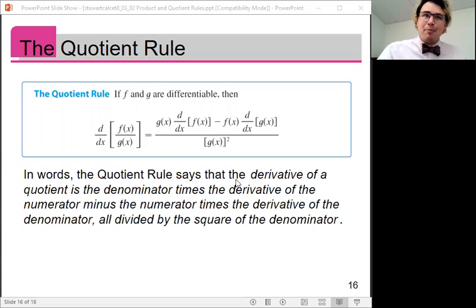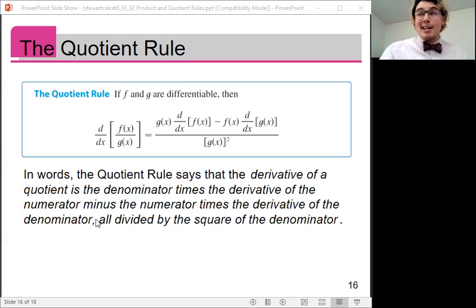Different things happen to these functions under the quotient rule. So, reading it literally, I see I've got denominator times the derivative of the numerator minus numerator times the derivative of the denominator. And the new denominator here is the square of the old denominator.